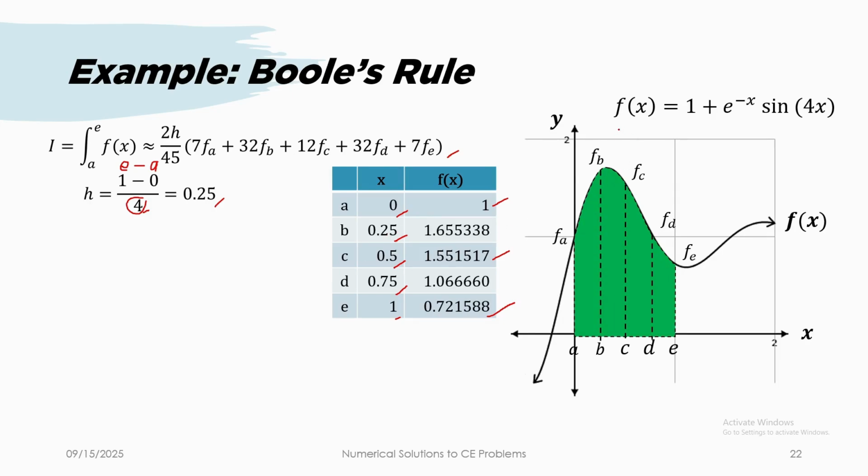So at b, f of b, that's just 1 plus e raised to negative 0.25 sine of 1. At f of d, that's just 1 plus e raised to negative 0.75 sine of 3.